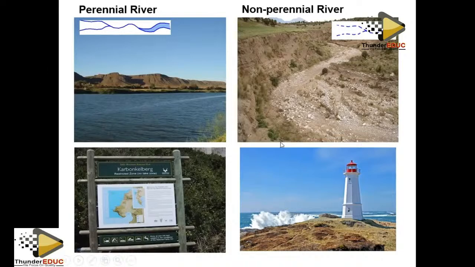On a map, you're going to look at something like this. Dotted lines, blue dotted lines. You can see they are broken lines, blue but broken. I want you to notice the difference. You see here and here, it's totally different. This one is continuous, meaning that the river flows throughout the year. This one, the river only flows after or during the rainy season or the wet season.